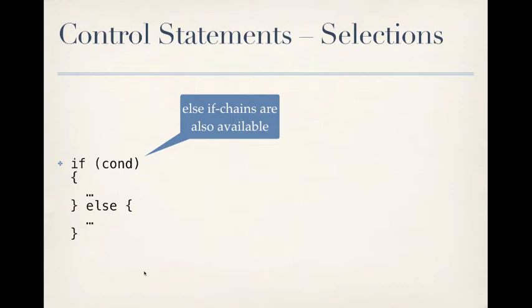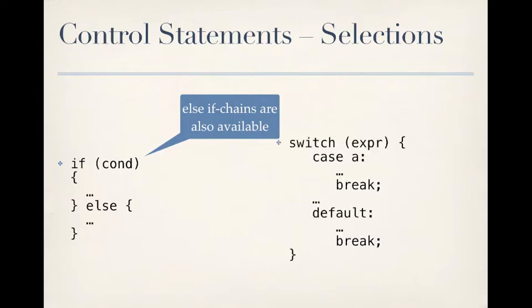This is no news. Switch again is totally the same. There is no real difference. The breaks could be omitted under some circumstances, but this is not something we want to go into detail. So we write it down as we did in C#.